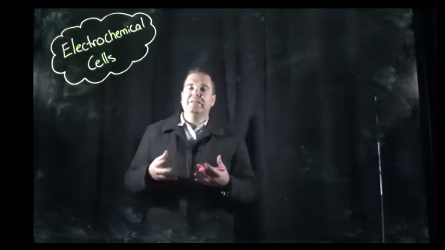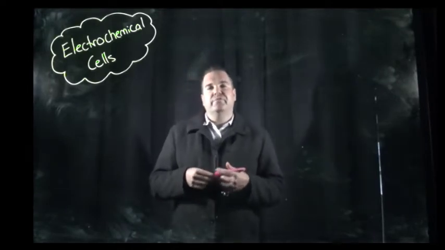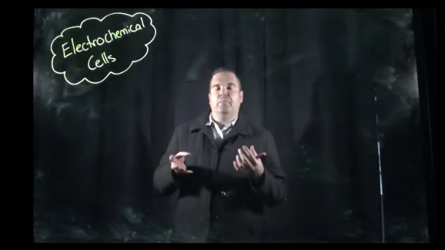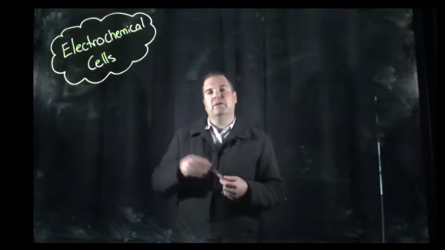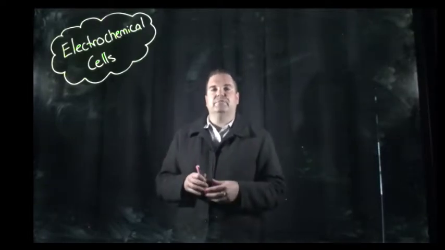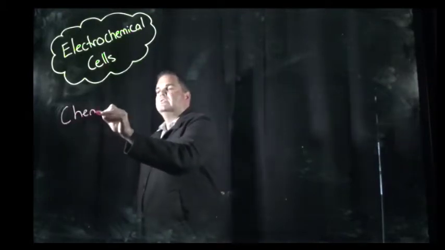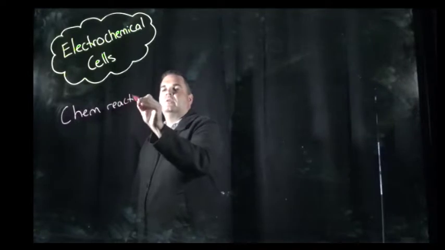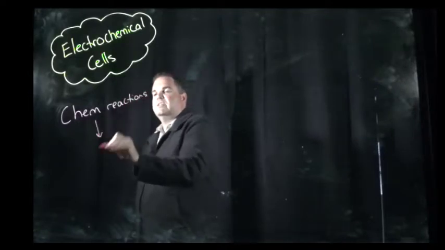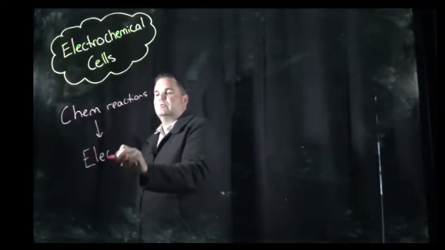An electrochemical cell really revolves around having two different metals that we're going to react. We're going to have one that's more reactive and one that's less reactive. What we do in an electrochemical cell is we use chemical reactions to produce electricity or an electrical current.